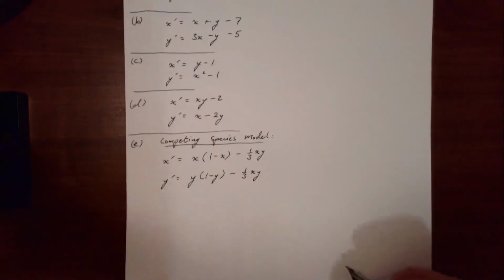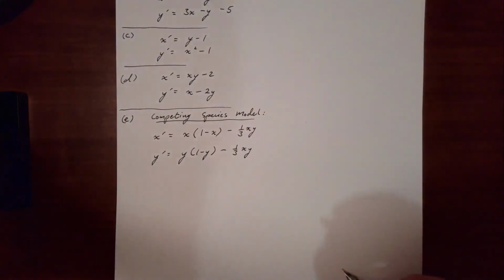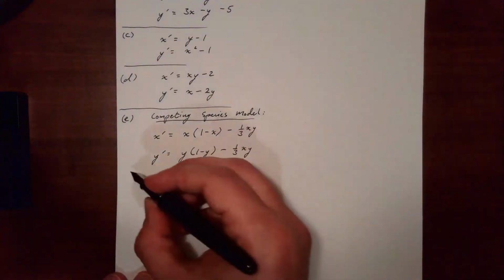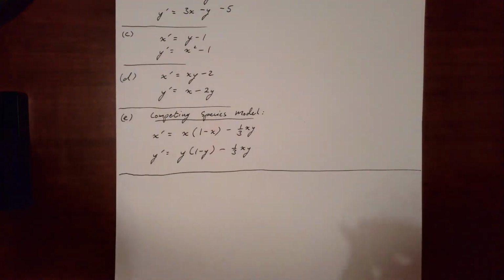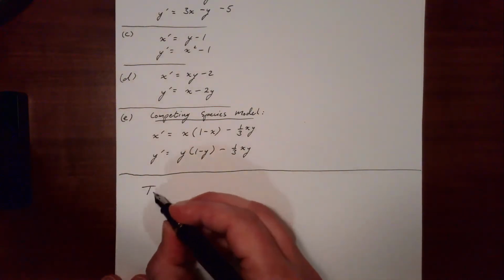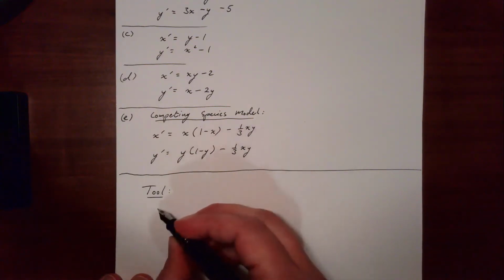We've already looked at this situation from the perspective of the phase plane and making the nullclines and everything like that. Now here we're going to approach all of these cases by the same basic approach. So our tool is linearization.